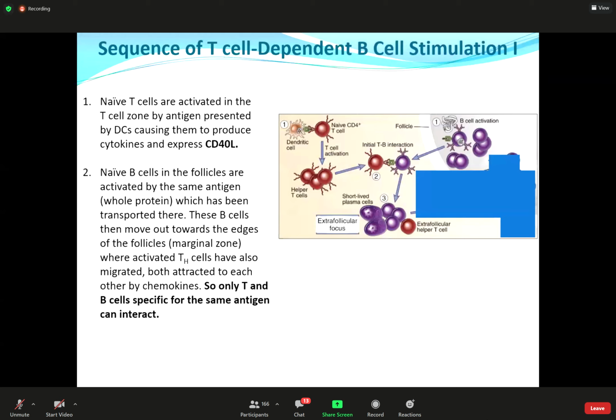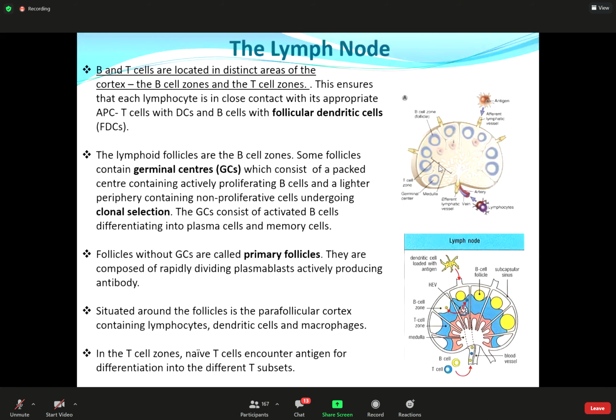Now, with regard to the T-dependent interactions, where you need the activation of T helper cells, as well as the B cells recognizing the same antigen, this initial step occurs within what is called the marginal zone. This interface or this boundary between the T cell and the B cells.